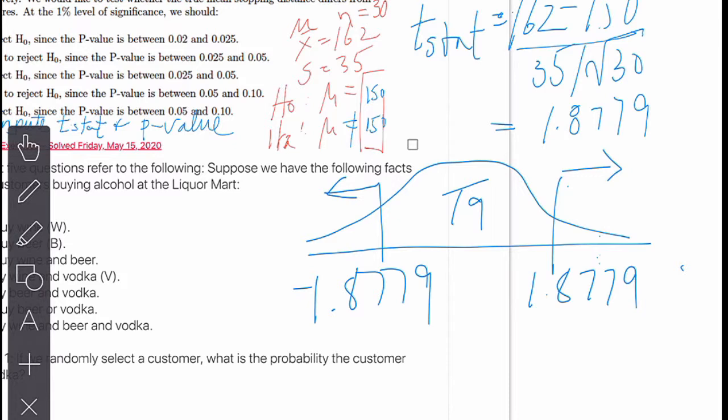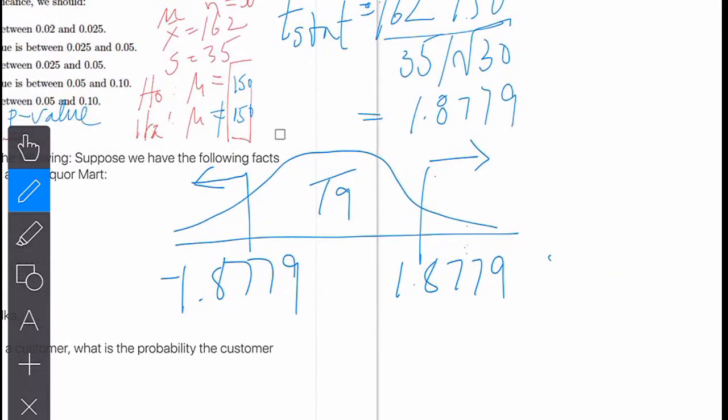I don't see it exactly like that, but I do see that it's between 2.5%. Remember that the T table gives you the right tail.